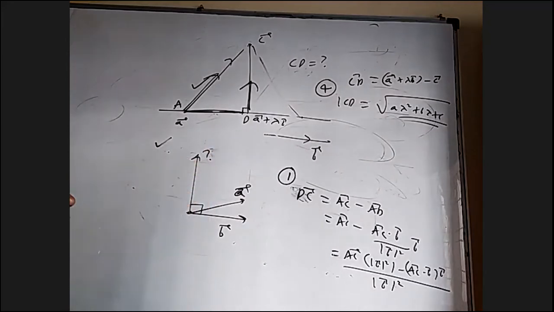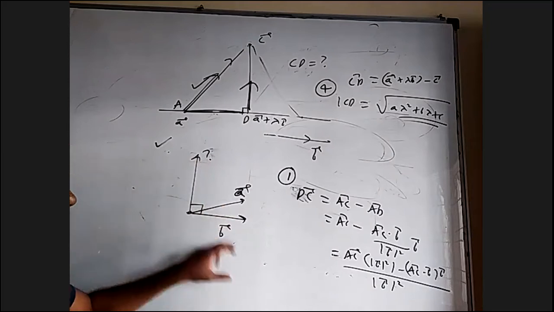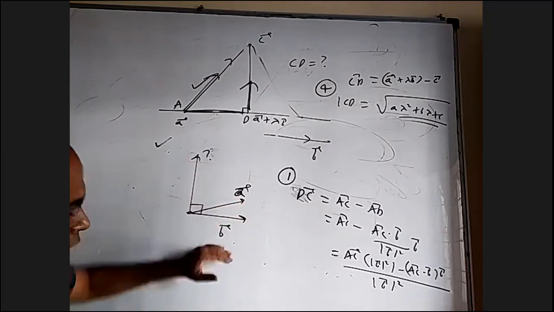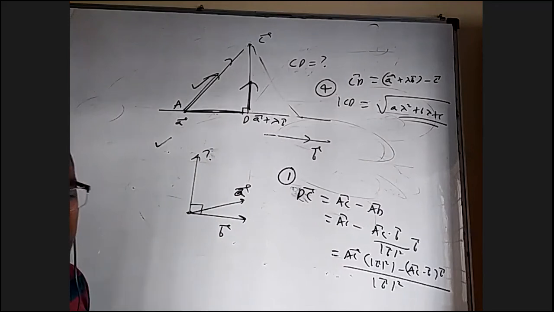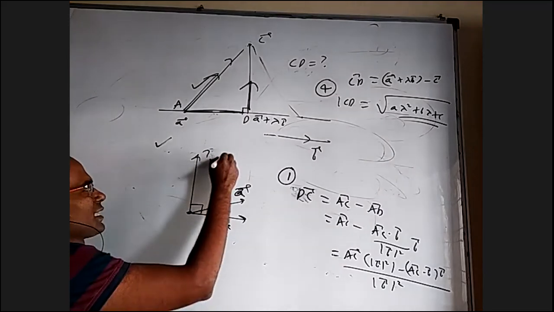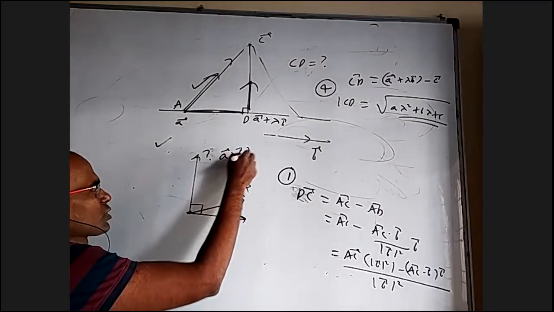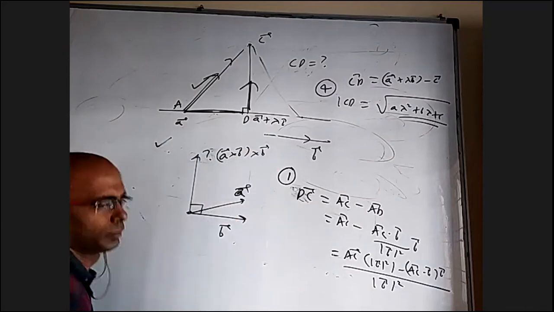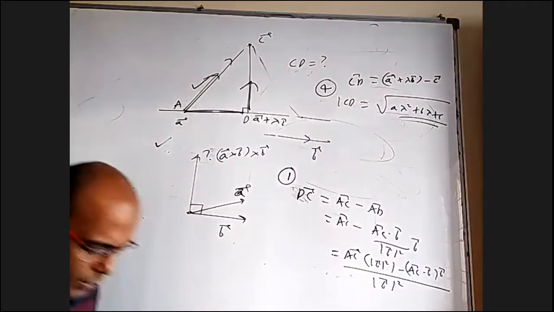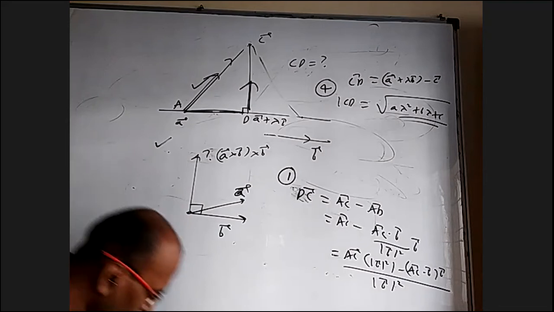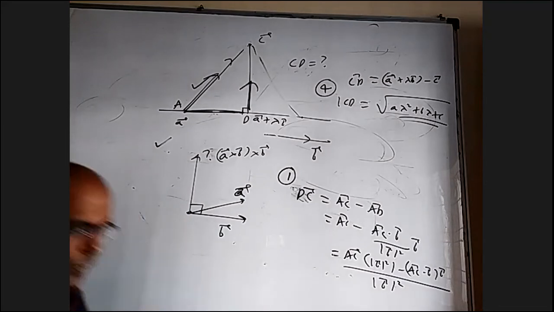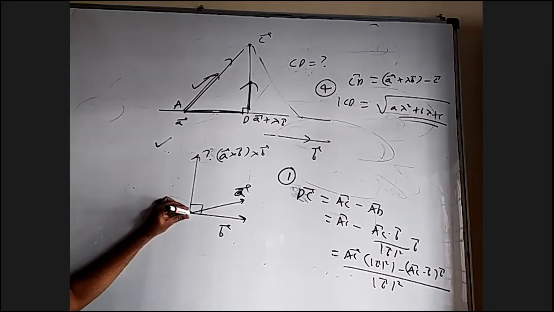Sir, can you repeat the question? A bar and b bar are vectors in a plane. Within the same plane, perpendicular to b bar, there is one vector. What is that? Can I say it is nothing but A cross B cross B? Yes, sir. Because A cross B will be perpendicular to the board.